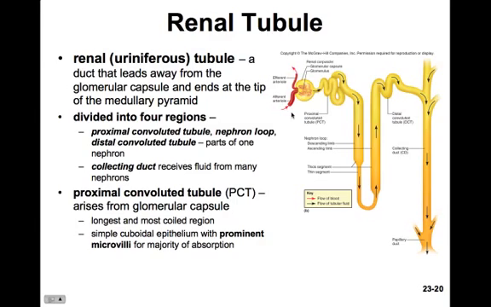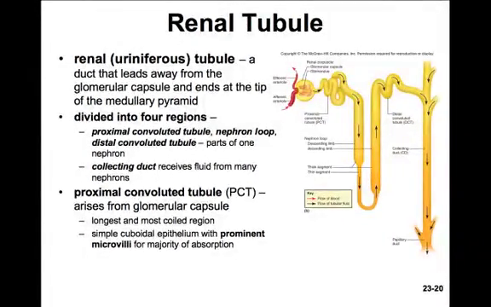After urine leaves the renal corpuscle, it goes into the renal tubule or the uriniferous tubule, which is a duct that leads away from the glomerular capsule and ends at the tip of the medullary pyramids. It's divided into 4 regions. There's the proximal convoluted tubule, this region here that is closest to the renal corpuscle.